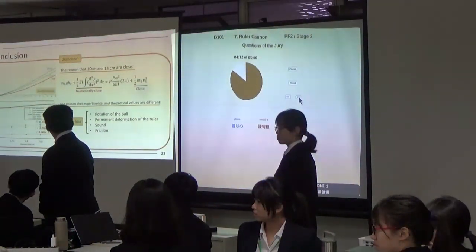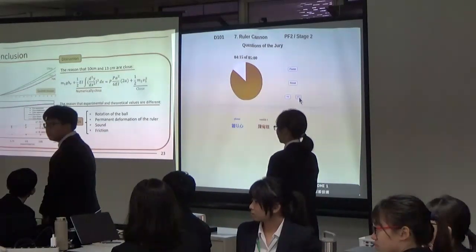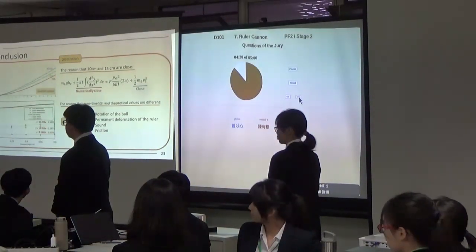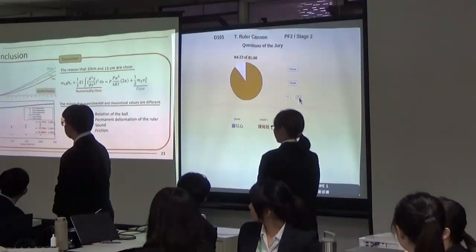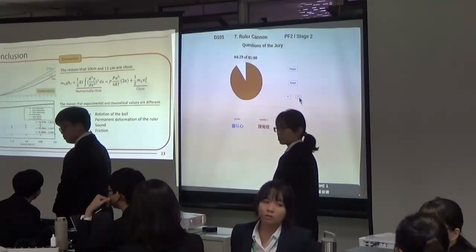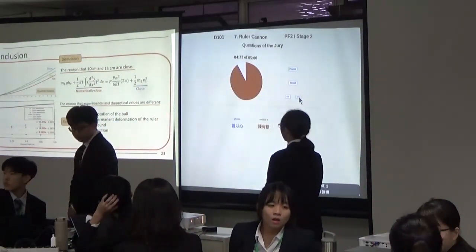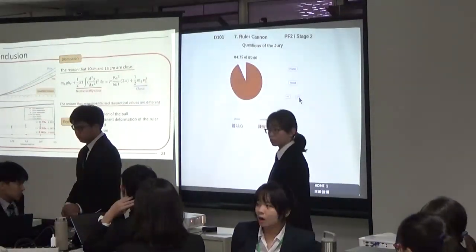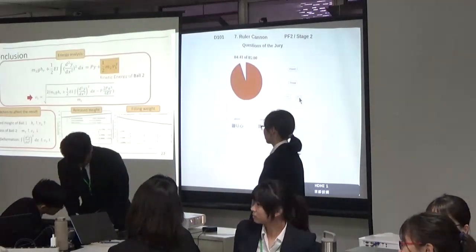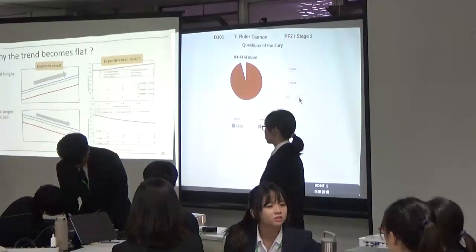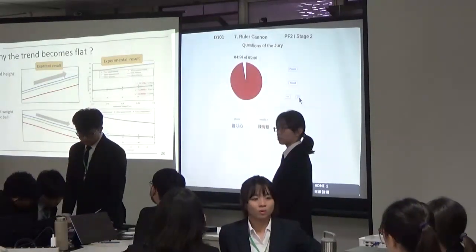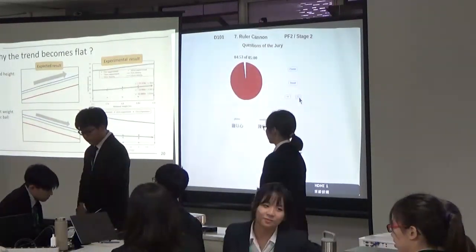So your data is sort of parallel, but just lower. Yes, and we consider that is because... What's the percentage difference? When you plot this kind of curve, it's very hard to really see what's going on. So your theory and your experimental results, what's the difference in percentage?